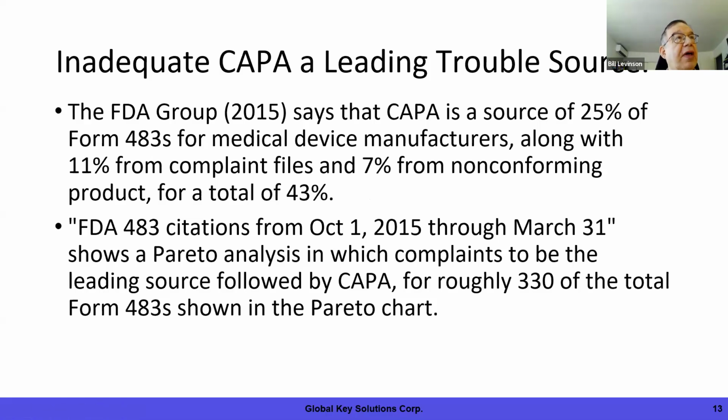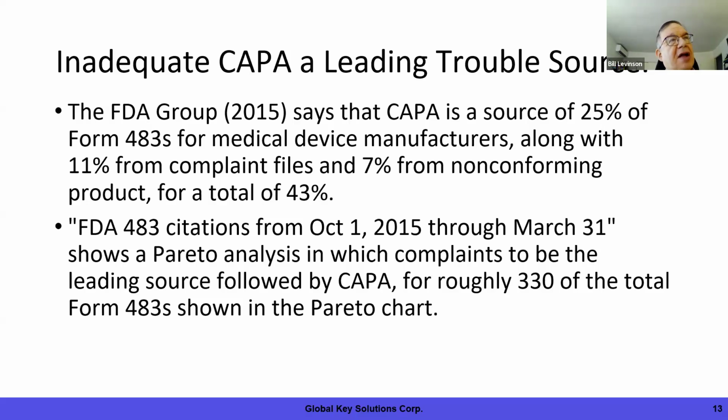Inadequate CAPA is a leading trouble source. These are some older references, but this is still consistent with what I've seen for FDA warning letters. I went to the FDA's database and looked, and I see corrective and preventive action is all over the place as being cited in warning letters.